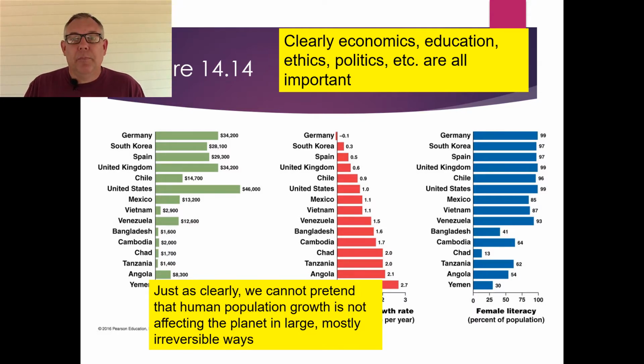But this is not a side issue that academics or just biologists can worry about. This is something that is influencing all of us, and not just in this class, but on this whole planet. So the sooner we accept that, the sooner we can try and figure out what we're going to do about it, right?